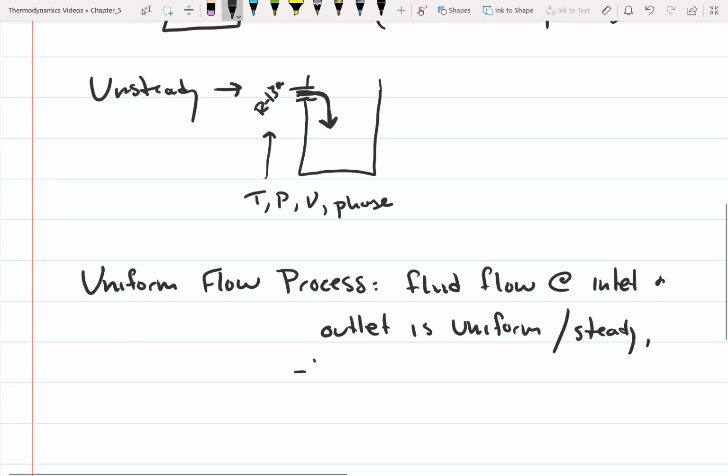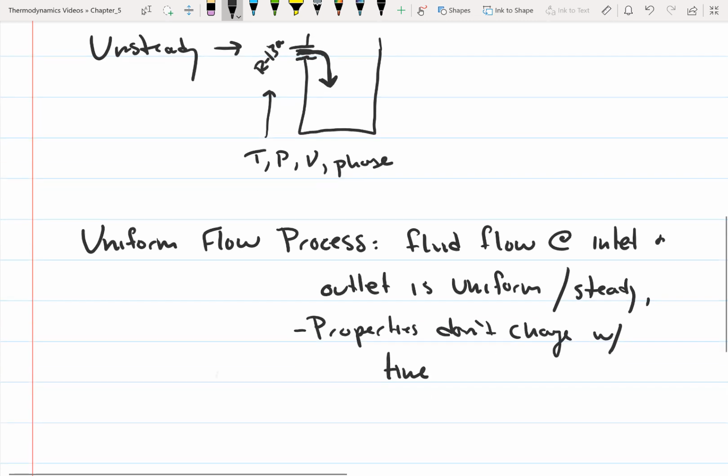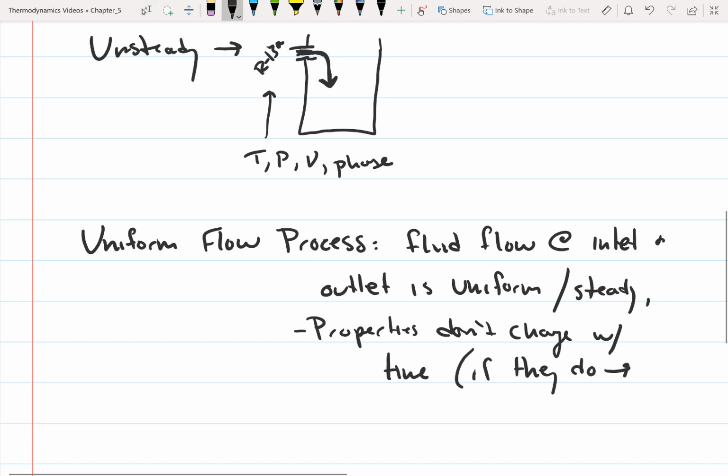So we're going to assume that the properties don't change with time. And if they do, we're just going to take the average and then assume that it's a constant at the average.